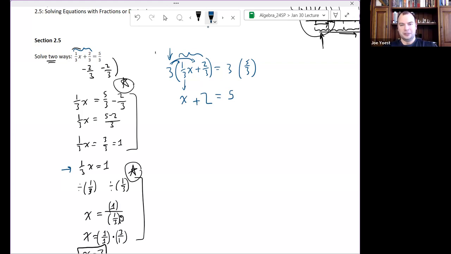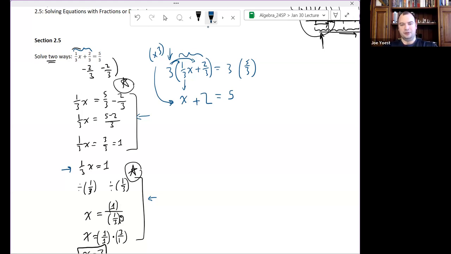So I did one extra step, this multiply by 3 step. This led me to an equation that I think we can agree is probably a lot easier to solve than this one over here with all of these simplification steps.